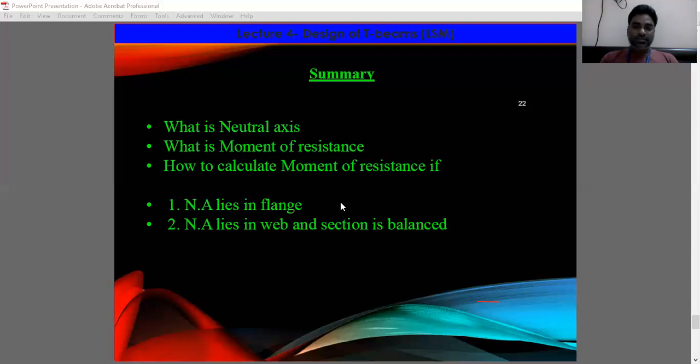Then you can substitute these values and find out the Xu value. And if you know the Xu value, then you can find out the moment of resistance. Right. So these are the things we discussed in today's class. So in the next class, we will solve some example problems for better understanding. So thank you.